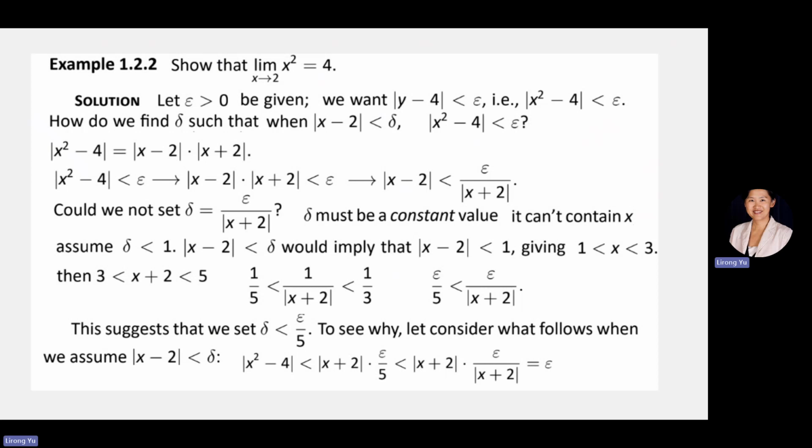If epsilon is a small number, ideally it should be less than 4. So this will be positive, and this will also be positive. Among the two positives, we're now able to find the root, right? We eventually need to find the x value by itself. So then x will be between root of 4 minus epsilon and root of 4 plus epsilon.